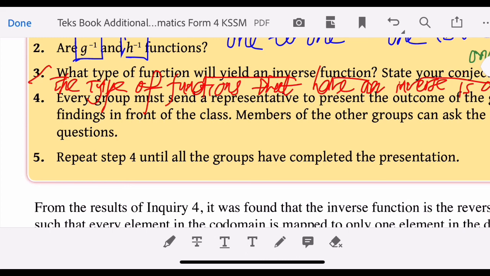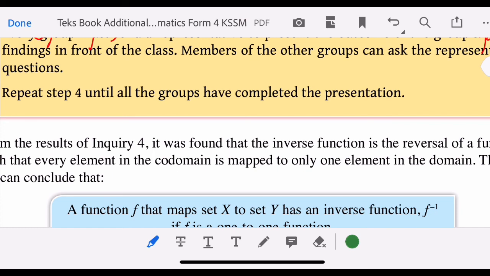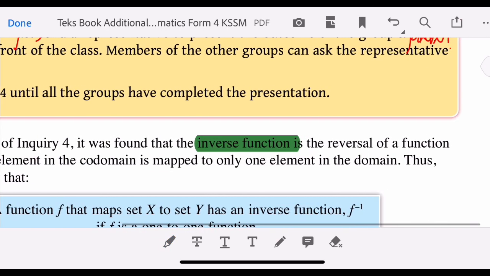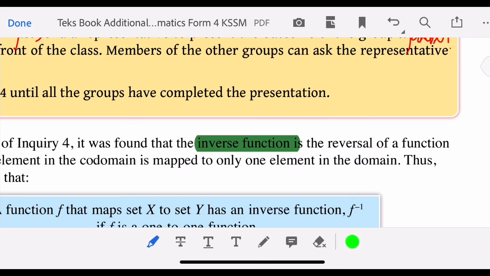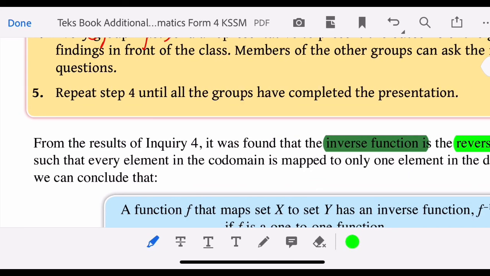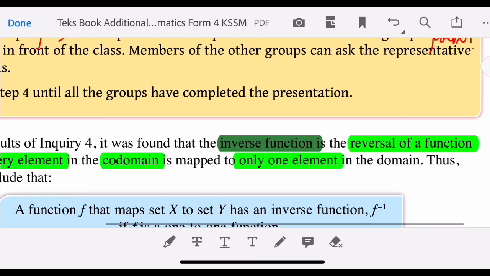From the result of inquiry 4, we found that the inverse function is a reversal of a function such that every element in the codomain is mapped to only one element in the domain.